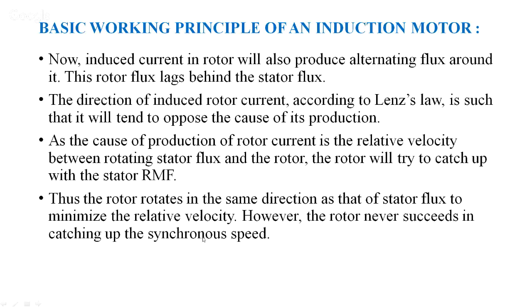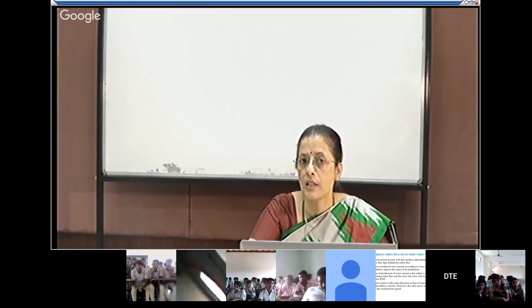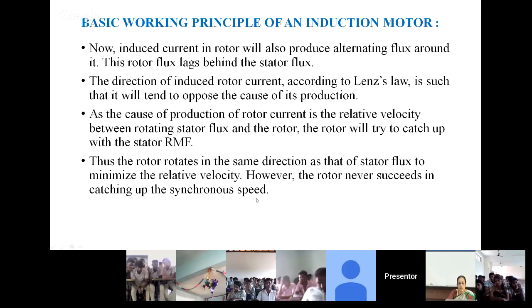Synchronous speed is the speed of the rotating magnetic field. The rotating magnetic field is being set up by the current flowing through the stator windings. So the speed of that RMF is called the synchronous speed. The rotor never succeeds in catching up with the synchronous speed.